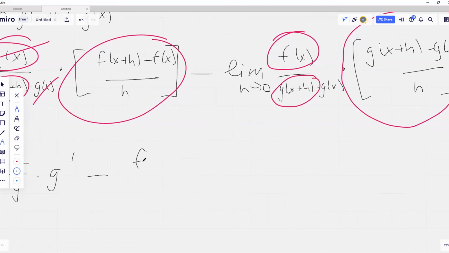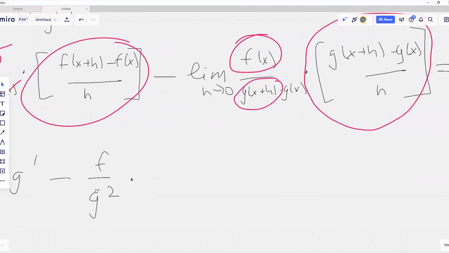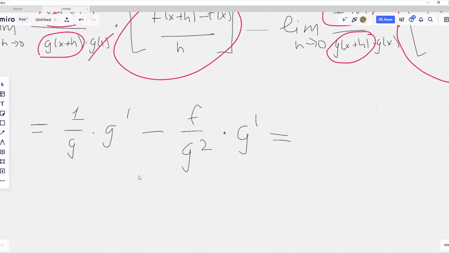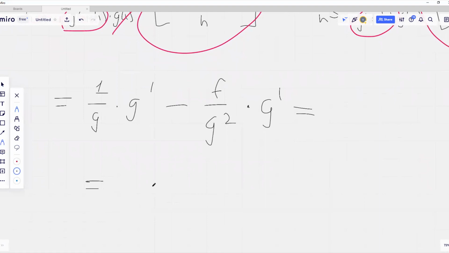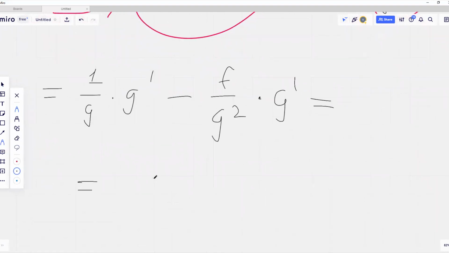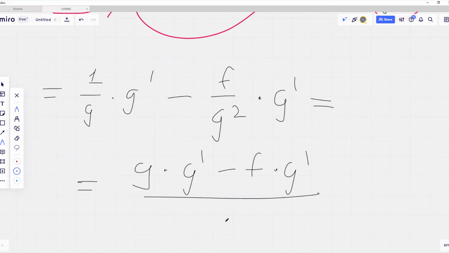So this is f over g squared multiplied by, this is g prime. Bringing that to a common denominator, we'll end up with g multiplied by g prime minus f multiplied by g prime divided by g squared.